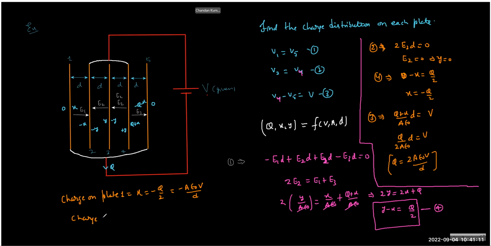And the charge on plate 4 is how much? Y is 0, so it's Q plus X, which is plus Q by 2, right? And the field is Q by 2A epsilon naught. Sir, I got the same answer.